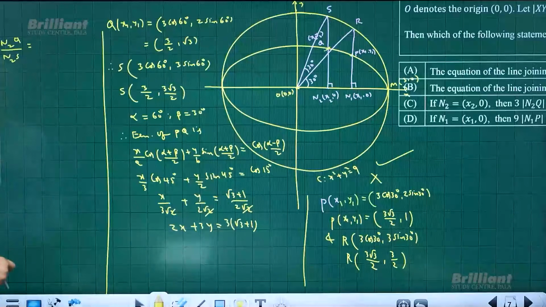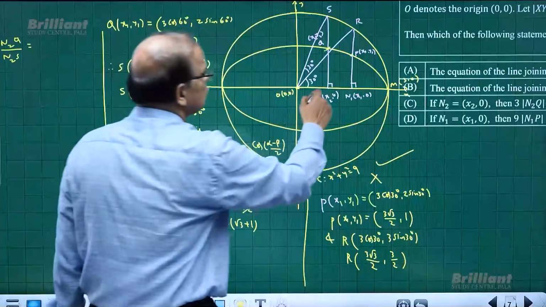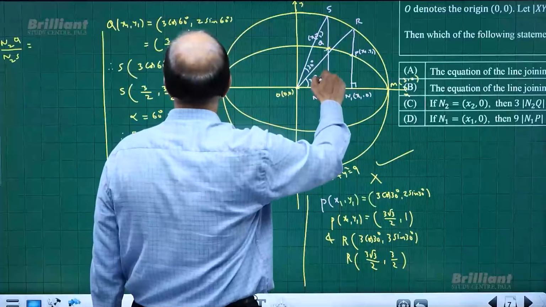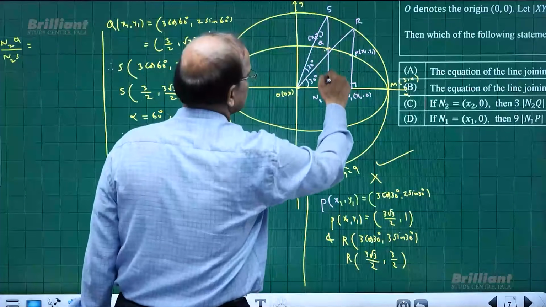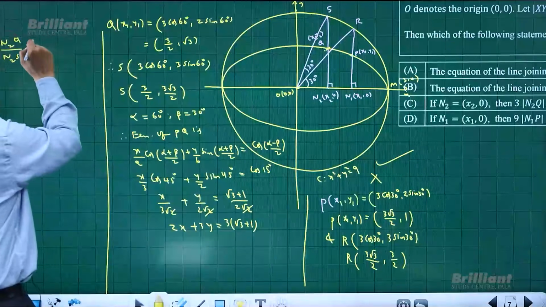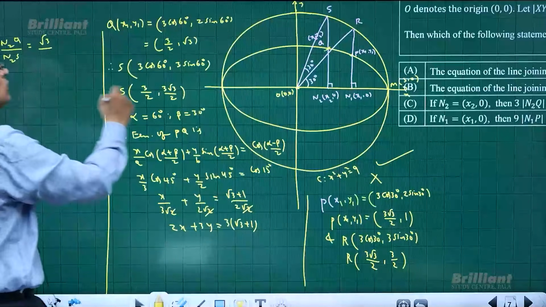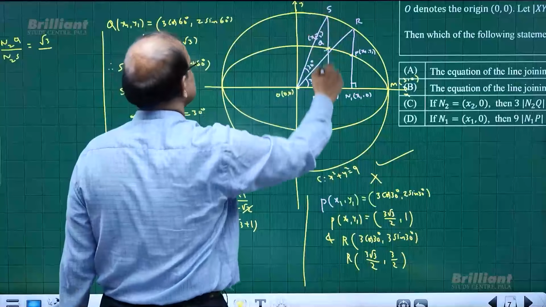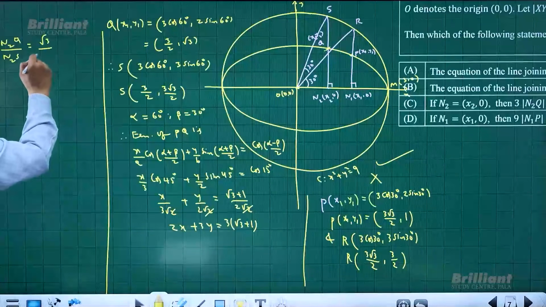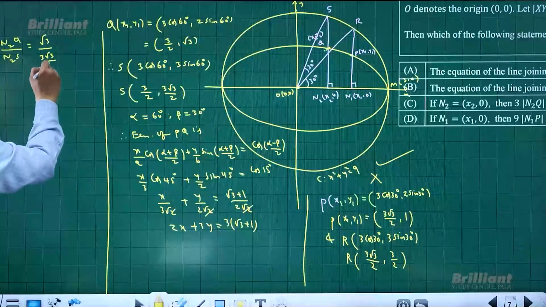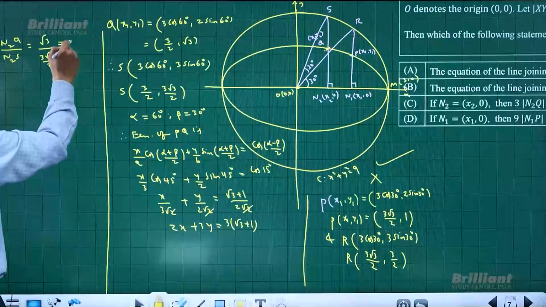N2Q is this distance, Q is this. So, N2Q is root 3, root 3 by N2S, the S y coordinate, 3 root 3 by 2. So, cancel, it is 2 by 3.